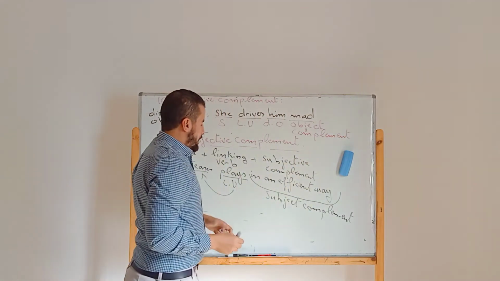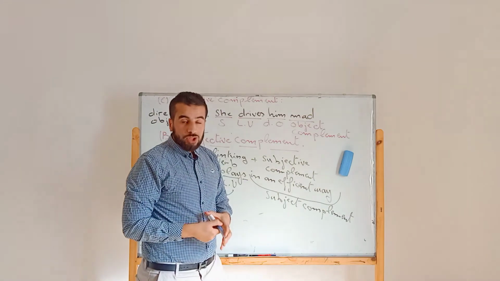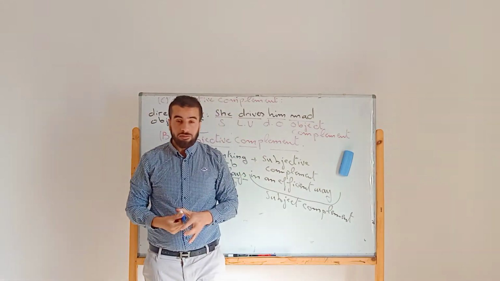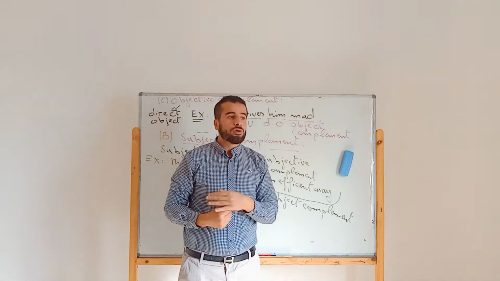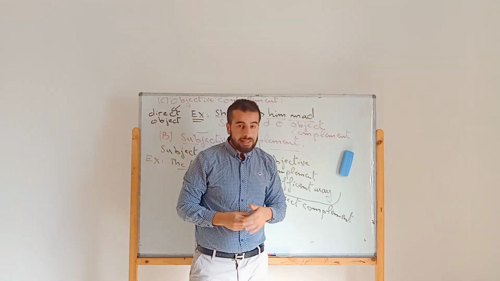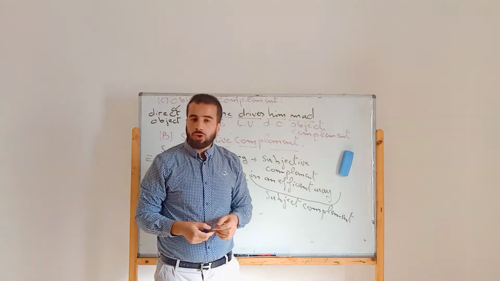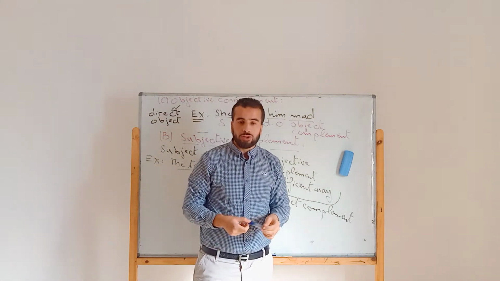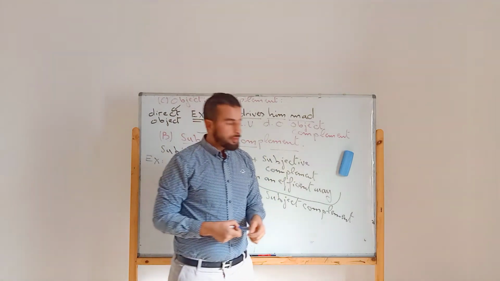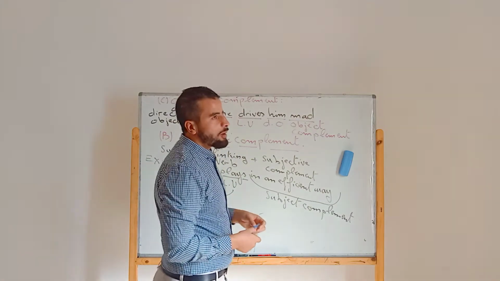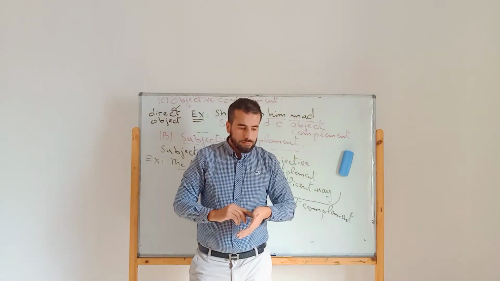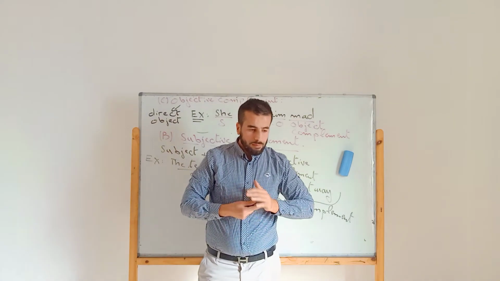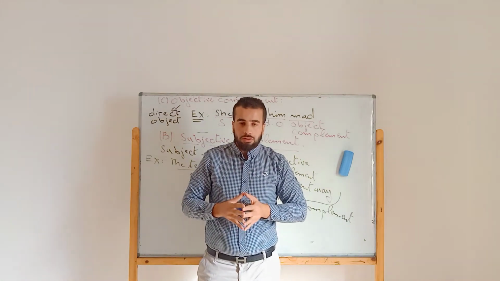One thing you need to consider, in object complement you cannot add an adverb. You cannot say madly or efficiently or completely. Any kind of adverb you cannot add as object complements. This is the rule. So another example: he handled the ball, handled what?